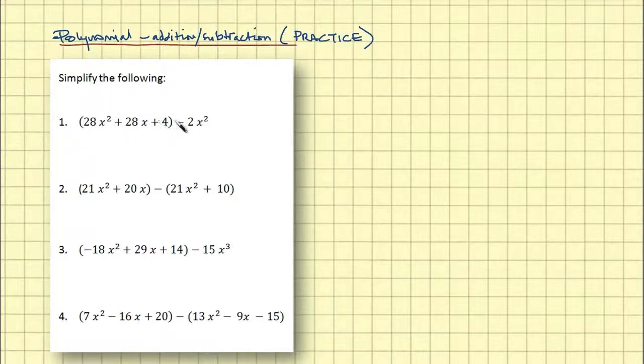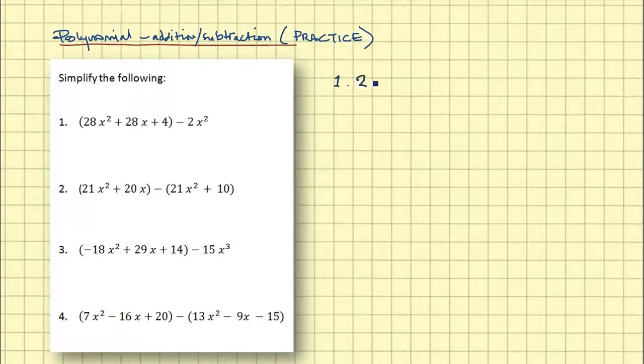So the first thing we want to do is drop the brackets, so multiply out anything that needs multiplying out. Well, in this case, there's no reason why we can't just drop the brackets immediately, because there's nothing in front here to multiply through.